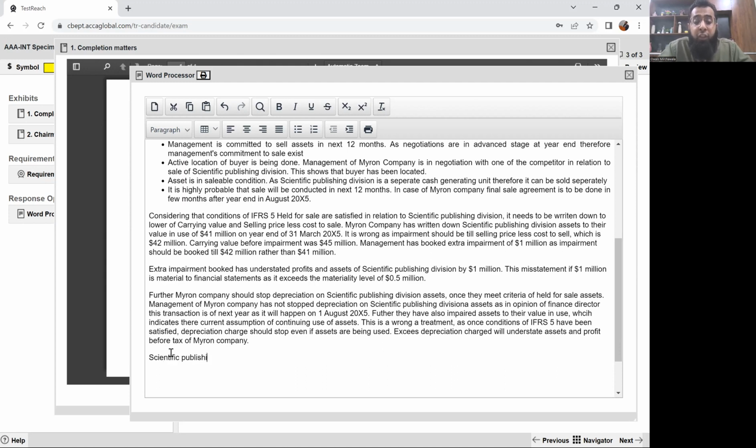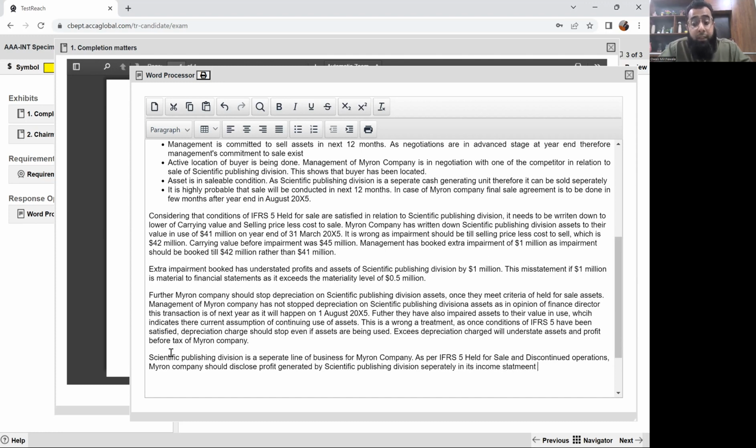Scientific publishing division was or is a separate line of business for Myron company. As per IFRS 5, held for sale and discontinued operations, Myron company should disclose profit generated by scientific publishing division separately in its income statement.